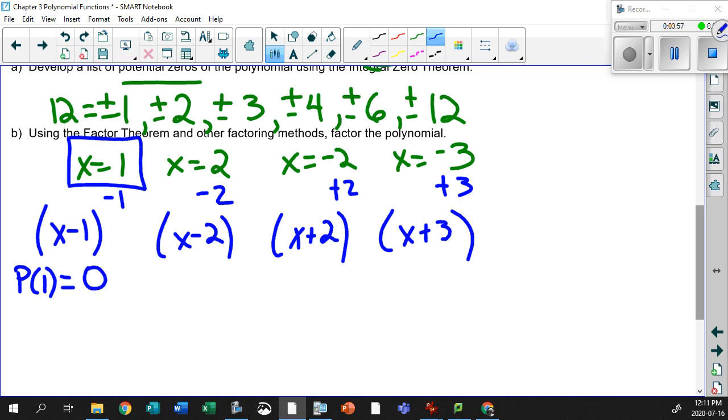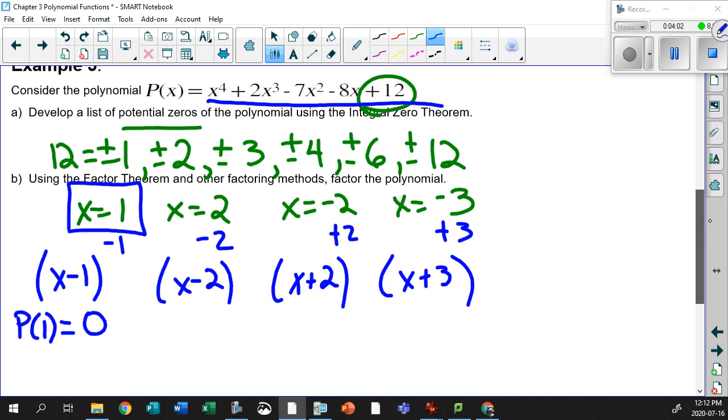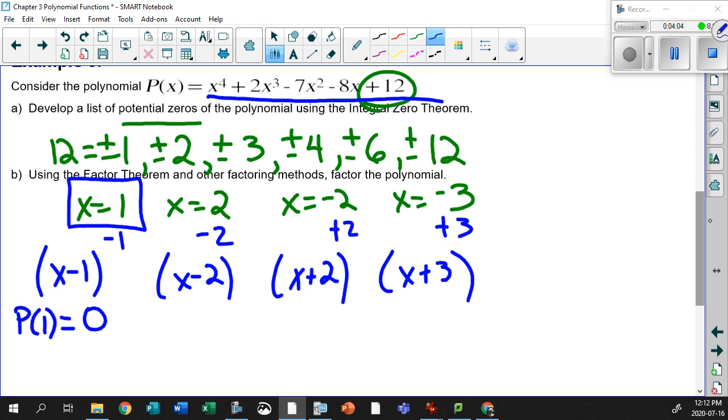How can they prove that you didn't do this on a scrap piece of paper somewhere? Well, if you want to, just go out to here. Just actually write it down. Go 1 to the 4th plus 2 times 1 cubed minus 7 times 1 minus 8 times 1 plus 12, and just say that that equals 0. So you know that this guy, in fact, is a factor.